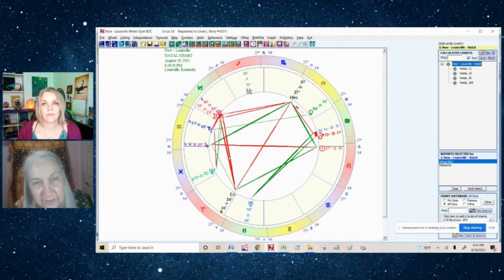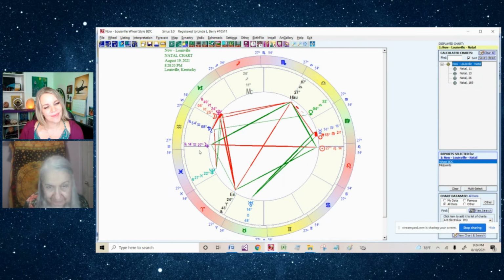Now, we had this up here, and Starlene says to me, why don't you put in Eris and Haumea? We've researched them. We know what they're about. We sure do. And so I went ahead and put them in, and oh my goodness. We had Sun and Jupiter here just sitting across the chart with nothing aspecting them.